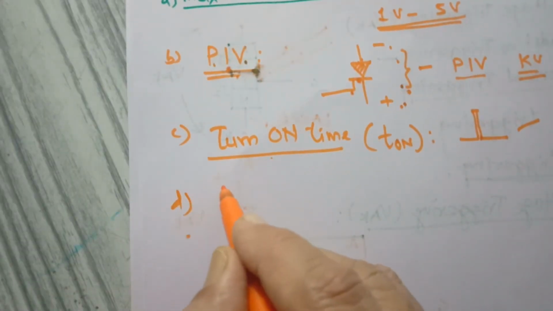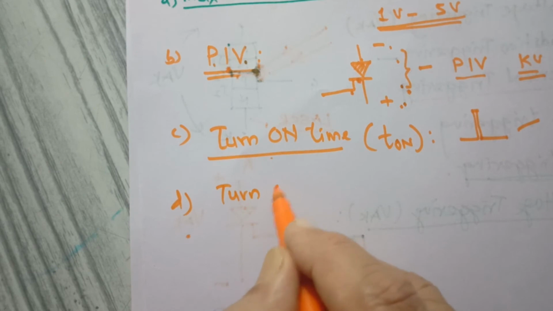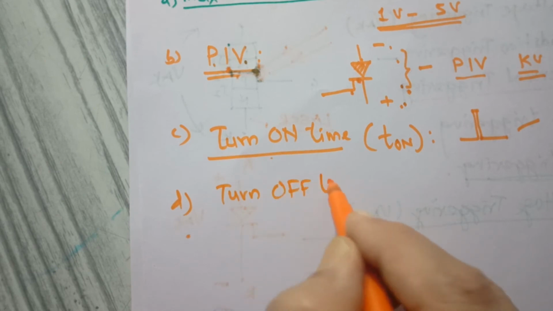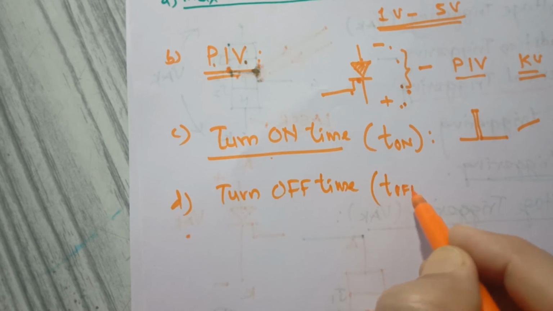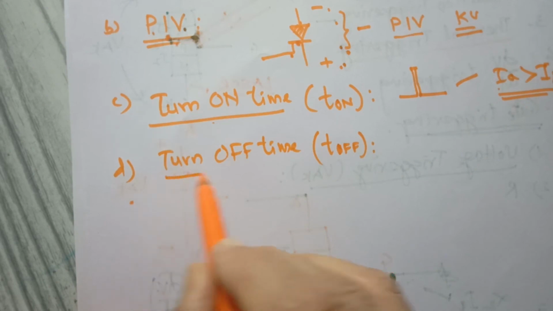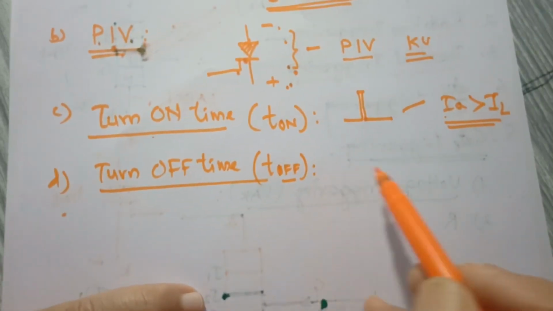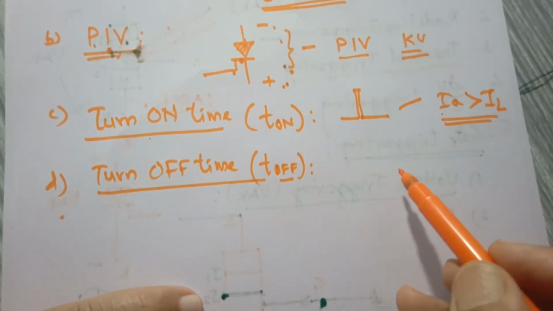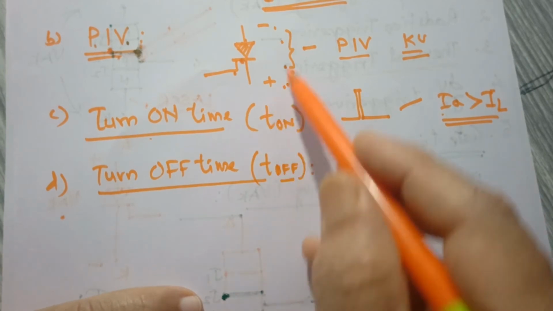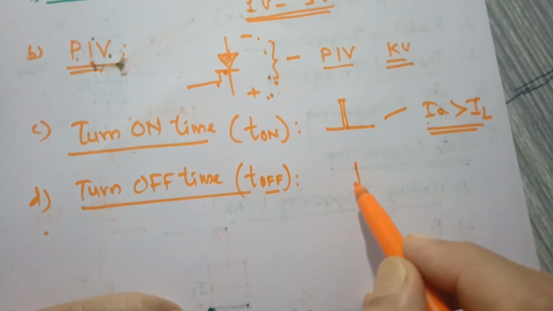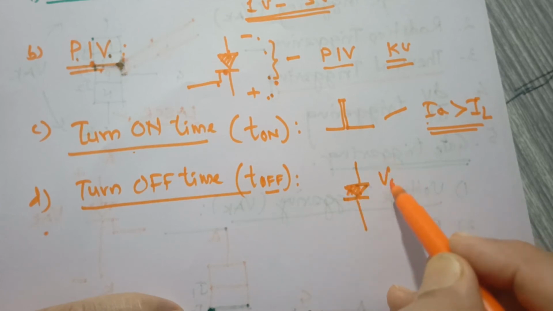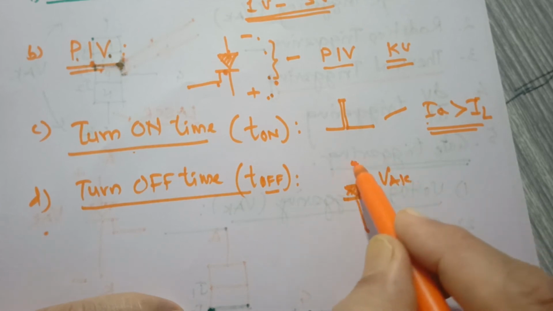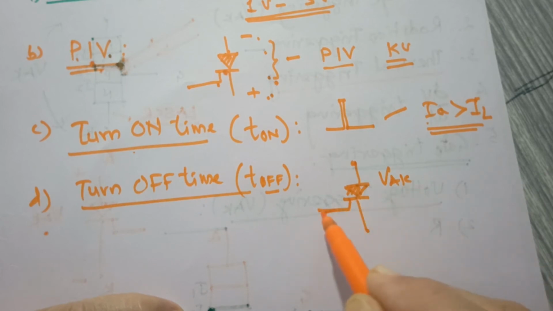Then we have turn off time, and it is written like this, TOFF. Now you can ask how to turn off the SCR, by reducing the anode to cathode voltage. Once the SCR is fired and conducting, you know the anode to cathode voltage is just 1 to 5 volt.